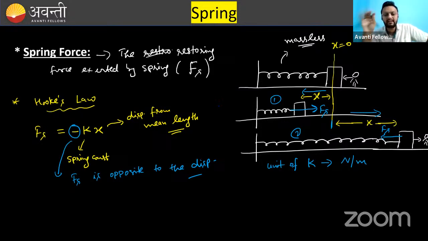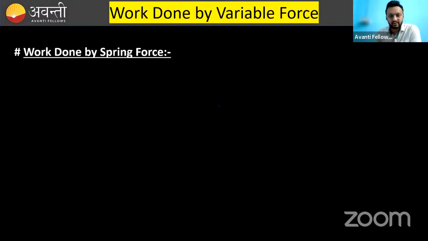If you can decide the direction of a spring force, then this negative sign is not required at all, because this negative sign is put just to tell us that spring force is opposite to the displacement. If you can identify the direction of a spring force, then there is no need to put the minus sign. For example, I will delete it.